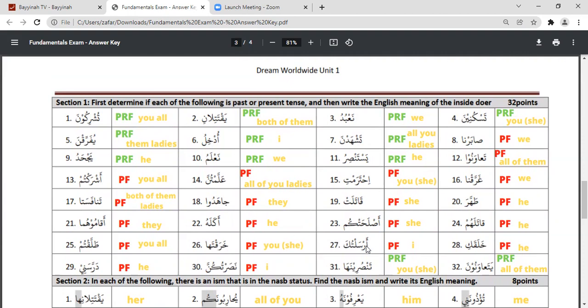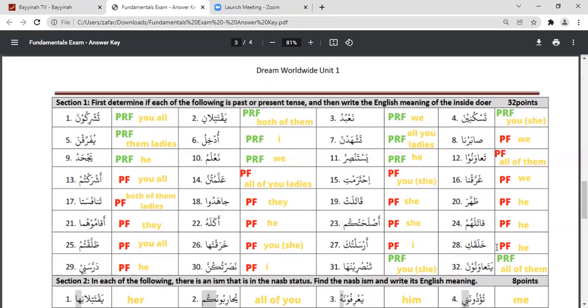Then arsaltuka, 27. Again we have the attached pronoun ka, so we will not consider that, and it is arsaltu, that is nasartu, arsaltu. So ana nasartu, ana arsaltu, and it is past tense, and the inside doer is I, that is first person singular.